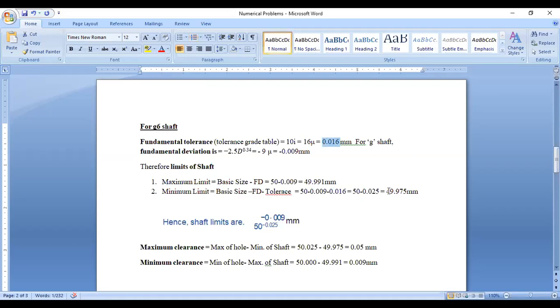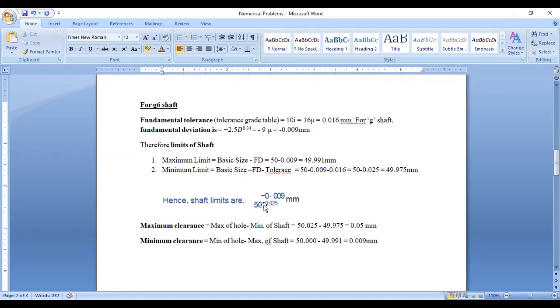So you will get the other limit, that is 49.975 mm. So how to designate this? You can write 50 minus 0.025, which means after adding these two, it will be 0.025, considering only this as the one limit. Those are the two limiting values.